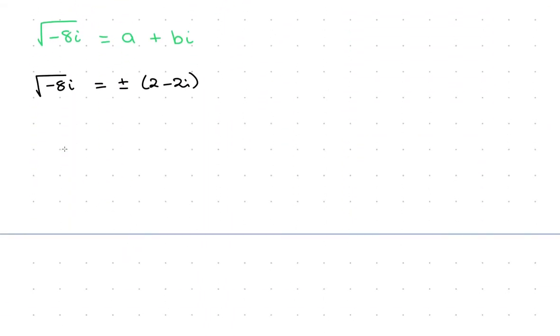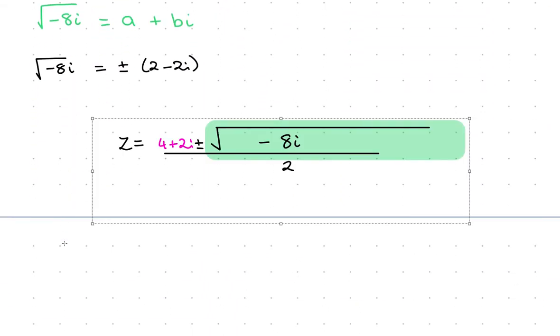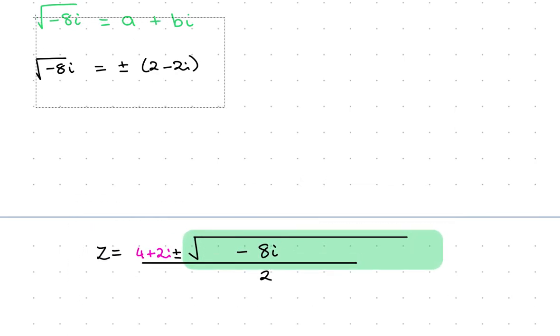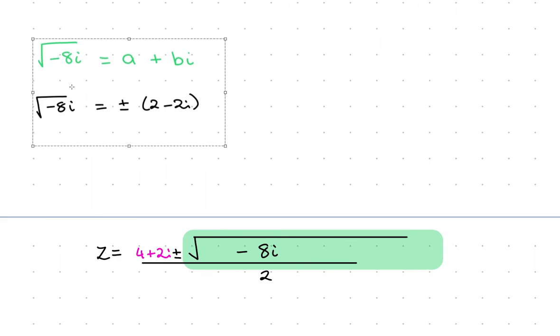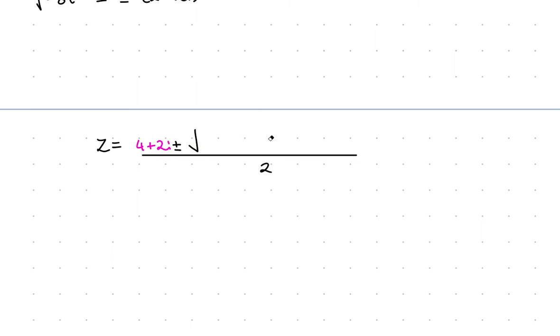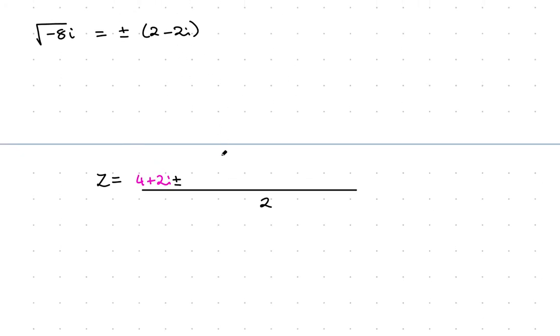So I'm going to write it out again down here. This is what we have, and remember, I now know that I have this. So instead of writing all of this, I'm going to replace every piece of this with what I now know to be plus or minus 2 minus 2i.